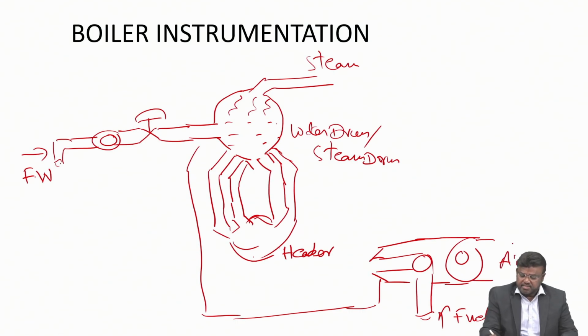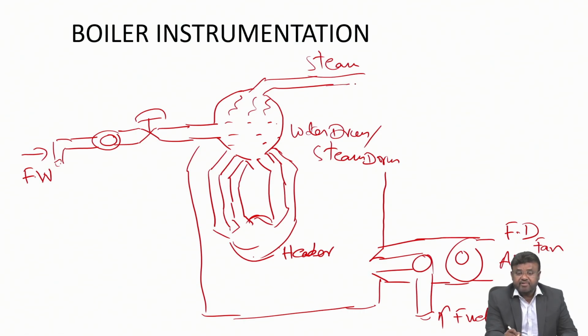So we can call this an FD fan or forced draft fan. We can abbreviate this FD as forced draft fan. However, the generated steam is at 100 degrees centigrade here. Again, to meet the requirements of the next stage turbines, we need to heat the steam with the help of the flue gases.